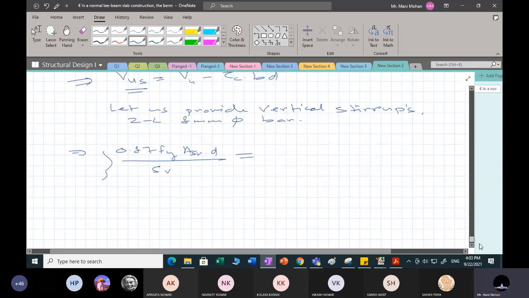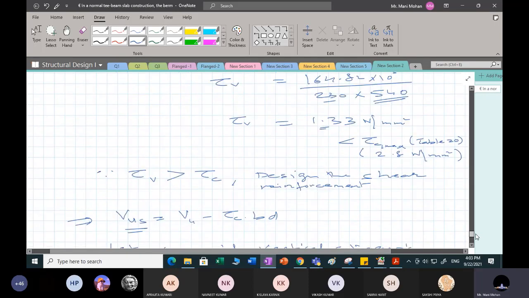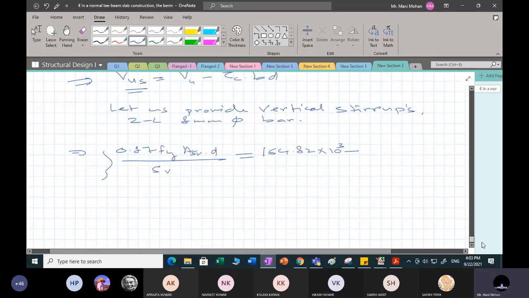Vu was 164.82 into 10 to the power of 3 Newton, minus tau C, which we had computed as 0.544, and b is width of web, so 230 into 540. From here you get the formula for spacing of these vertical stirrups. So please solve this expression and give me what answer you are getting.